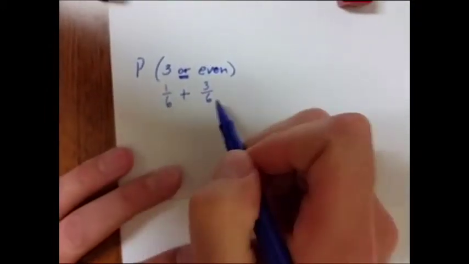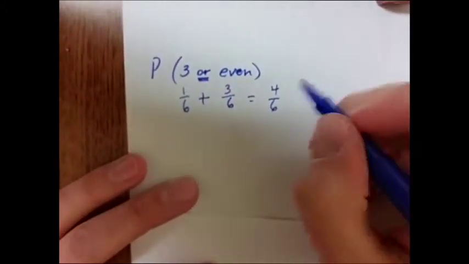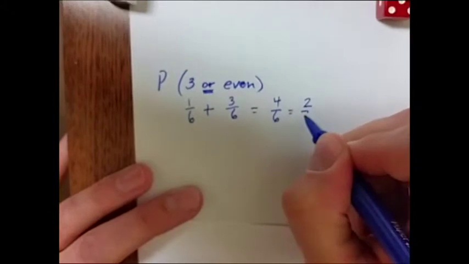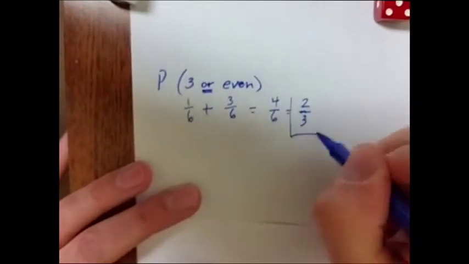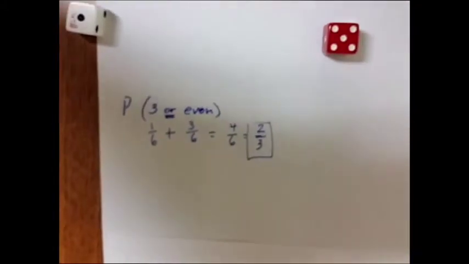So if I add 1/6 plus 3/6, I'm going to get 4/6, and as we reduce that, that's going to give us 2/3. So in theory, we should get 2 out of 3 outcomes correct.